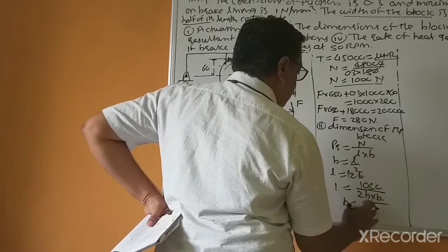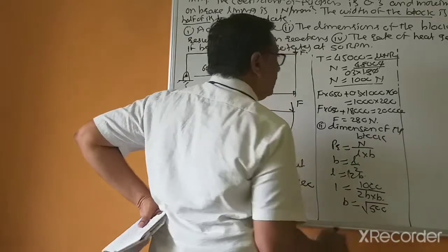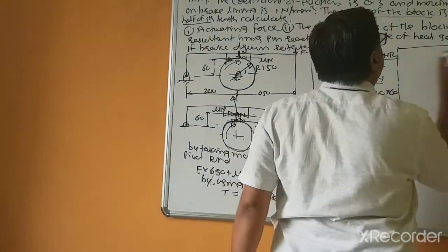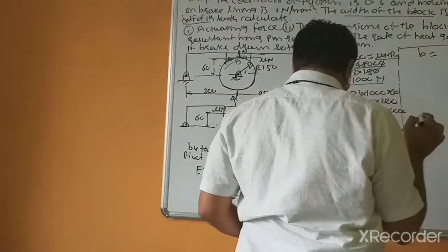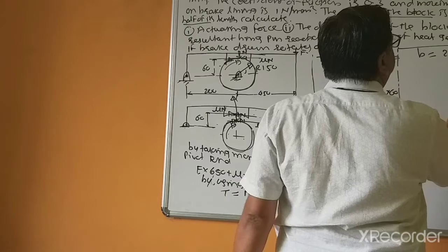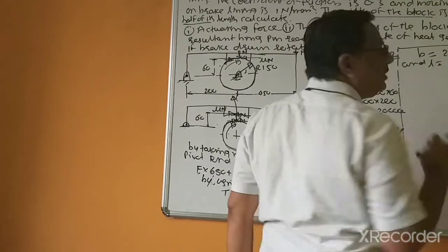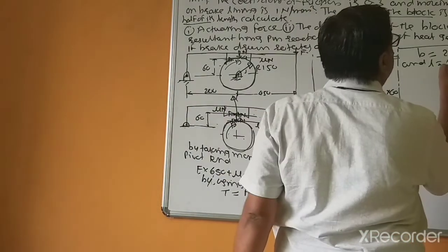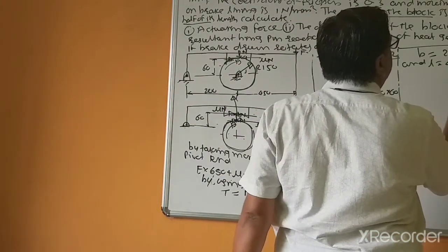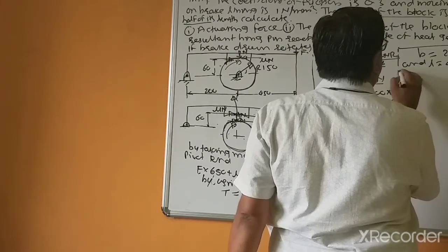So this is equal to 500 and B equals 22.36 mm, and length of the block is 44.72 mm. So the second bit is over.